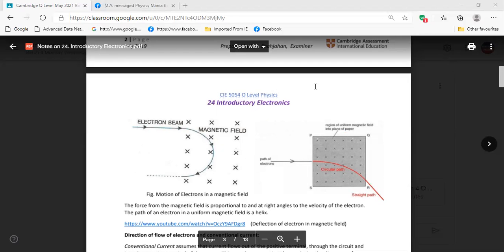You see, electrons are negatively charged, then it is attracted to positive terminal. That's it. And this one we are applying the Fleming's left-hand rule because we have magnetic field also. We have current flow. Then we are having the force from magnetic field and current flow.